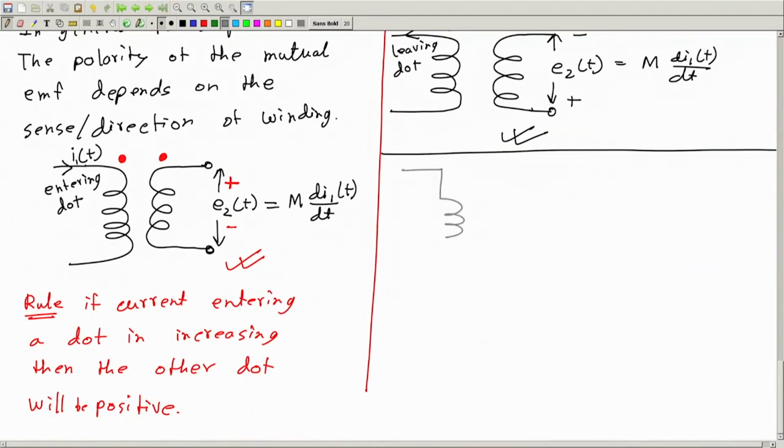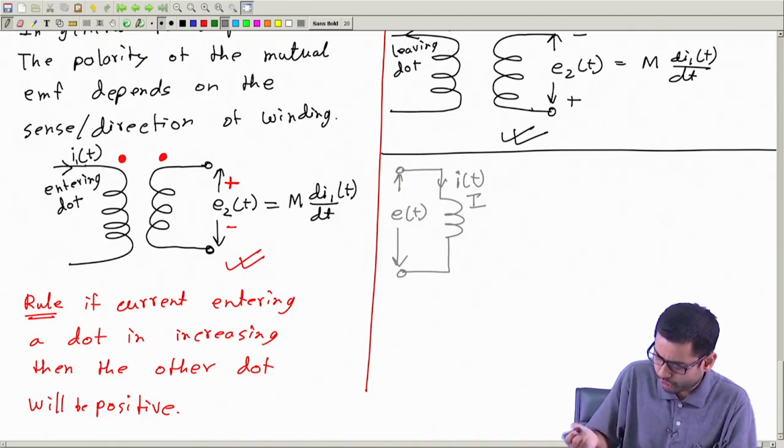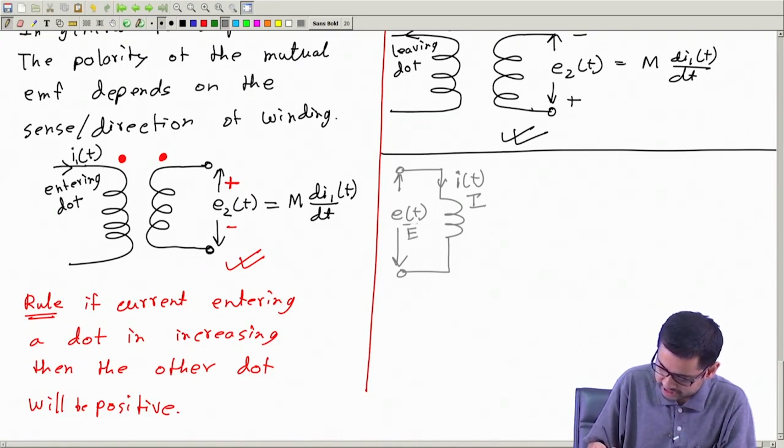Let me do it once again. No problem in doing it many a times. It will be our practice. So this is i(t), corresponding phasor is I, and here e(t) is the EMF, E or V for voltage, whatever you call. This is the phasor.